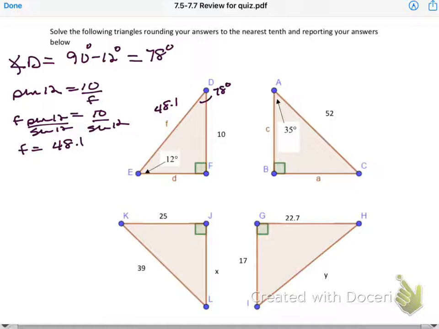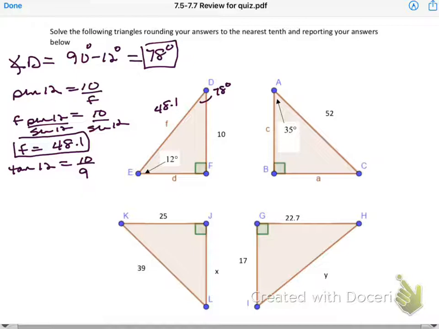Then all that's left to solve for in that triangle is the D. So to find the D, I said the tan of 12 equals 10 over D, because 10 is the opposite and D is the adjacent.